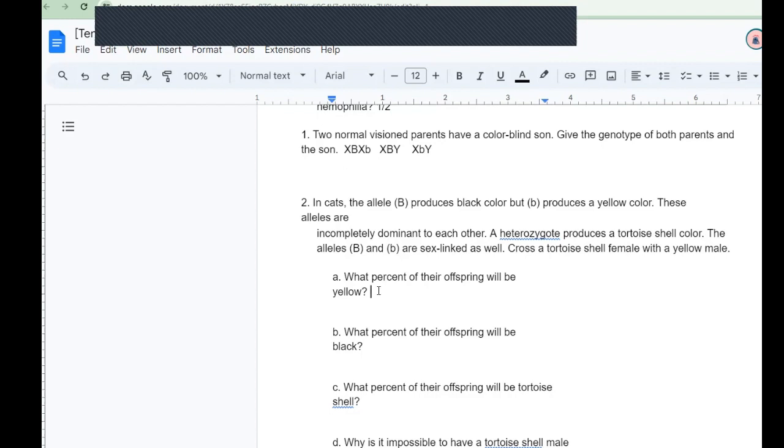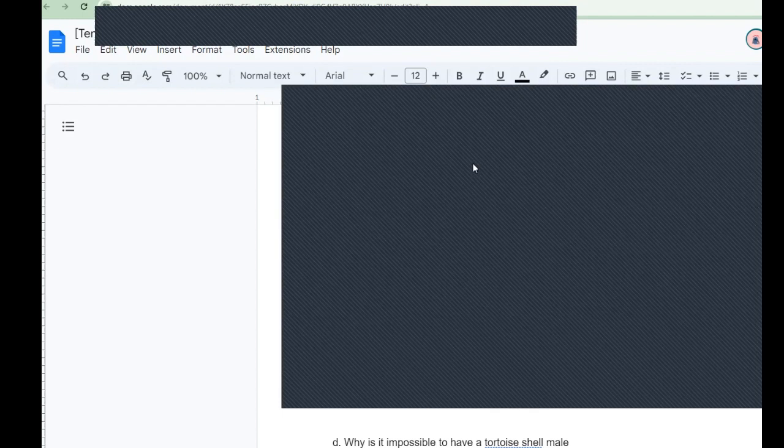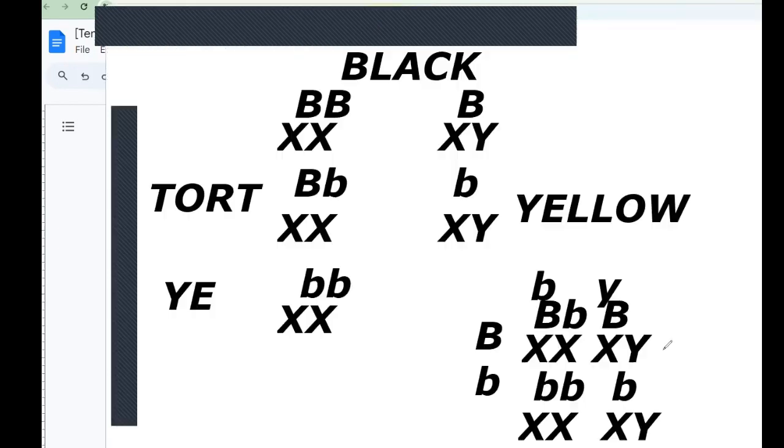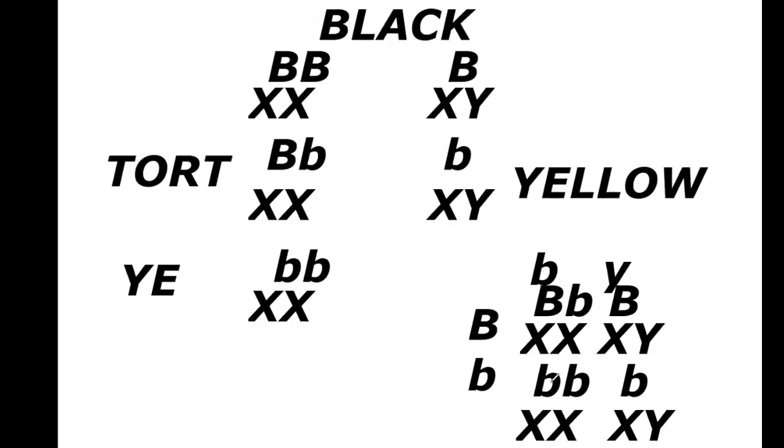Oh, crud, what did I mean? Isn't there two yellow? Yeah, two yellow. This one's yellow, this one's yellow, tortoise, black. Fine, two yellow, one black, and one tortoiseshell. All right, at least I remember now. Okay, so 50%.